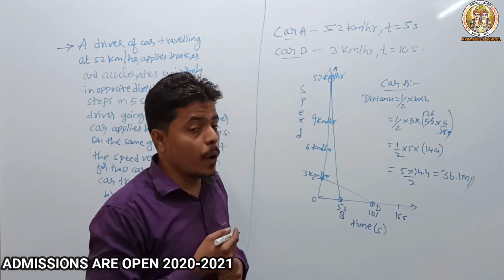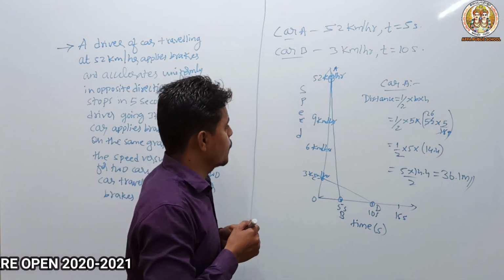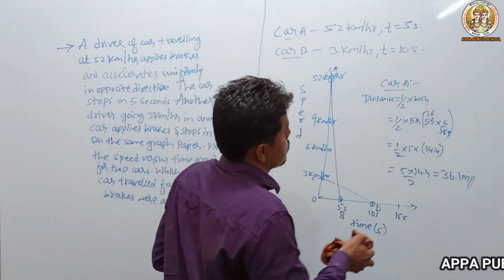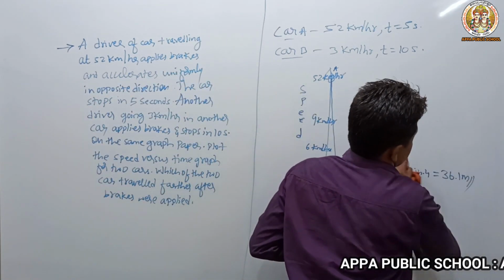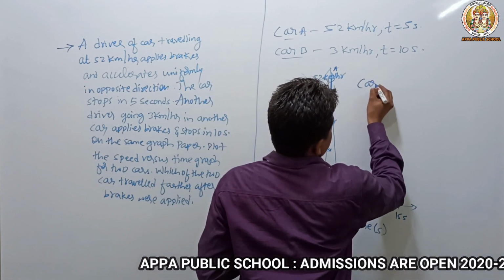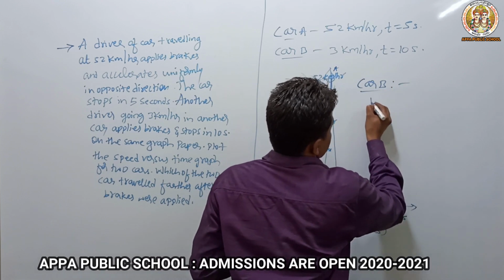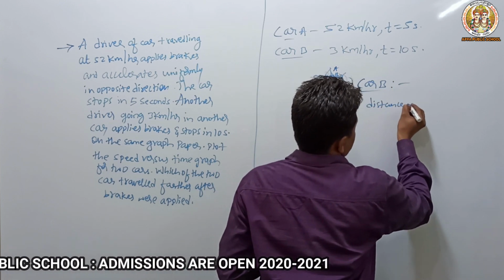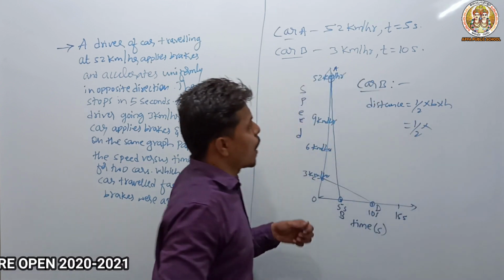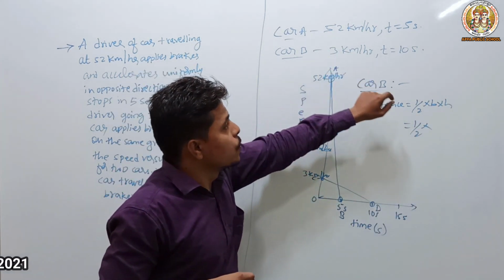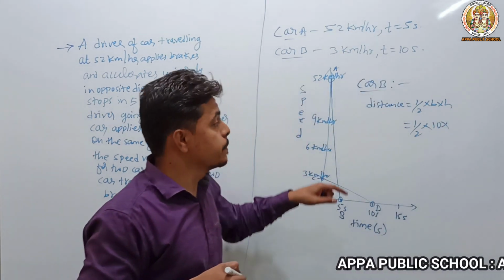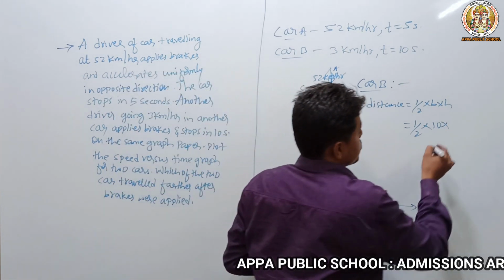Now we have to calculate for car B. So for car B, base is 10 seconds, height is 3 km per hour.